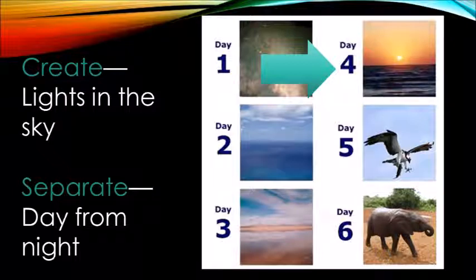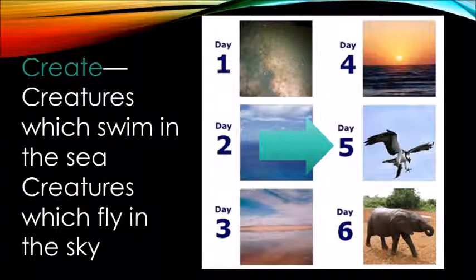The elements from the first 3 days form the backdrop, the foundation for the elements of the next 3 days. So, on day 5, the items which swim in the sea and the creatures which fly in the sky are created.